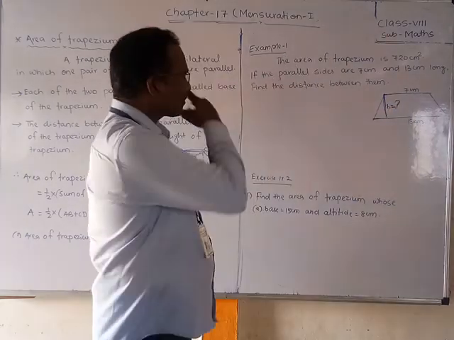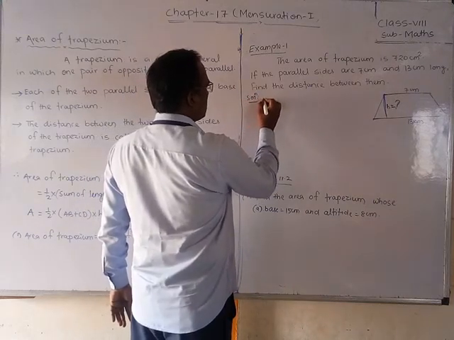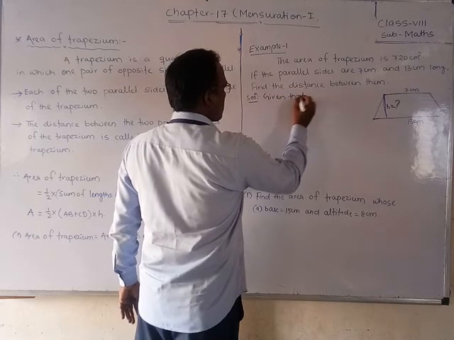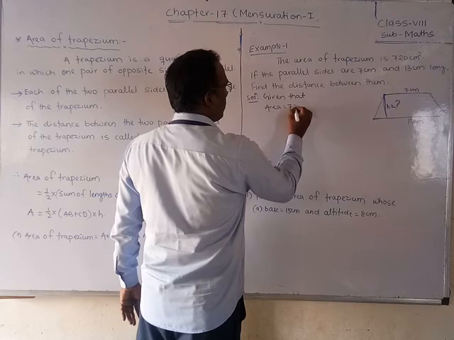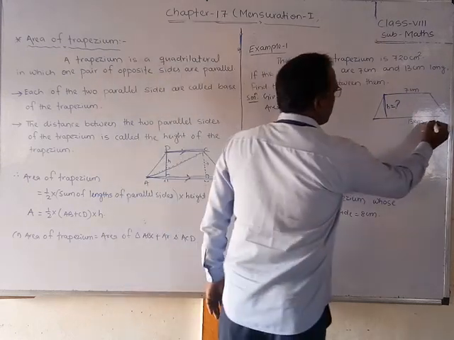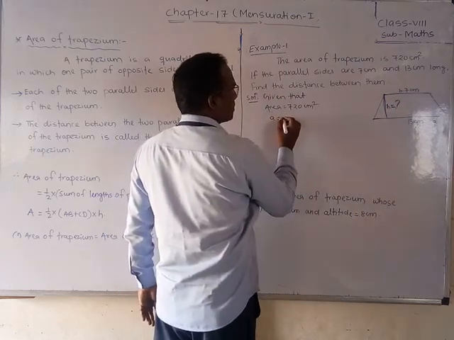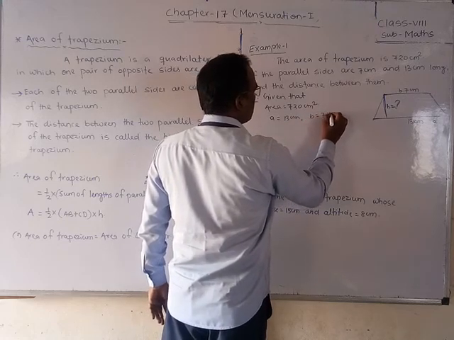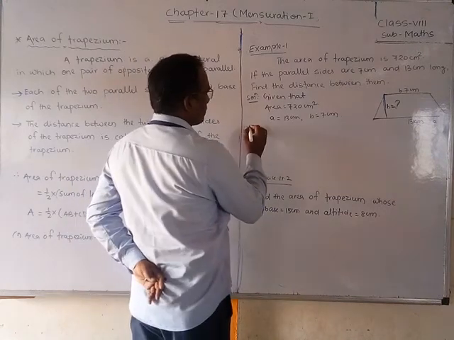Yes. So the area is given. Solution, first of all write down, students. Given that, area is 720 centimeter square, and suppose this is A and this is B, so A is equal to 13 centimeter and B is equal to 7 centimeter. Okay. So now what is the area formula we know?